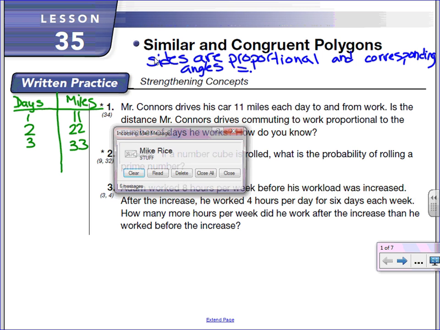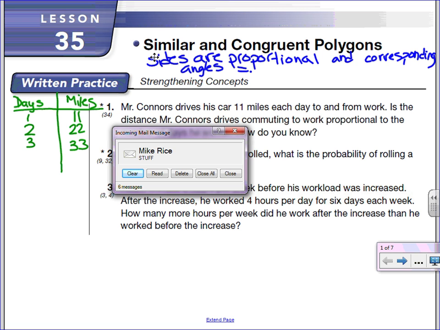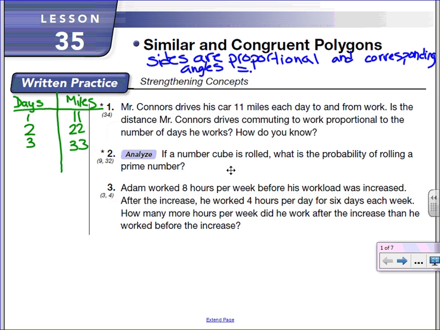So if we look to see if they're proportional, we can set up two ratios. Let's say one on day 1 and one on day 3. We would have a ratio of 1 day per 11 miles. And then we'd have the second ratio of 3 days per 33 miles. And the question is, are those equal?